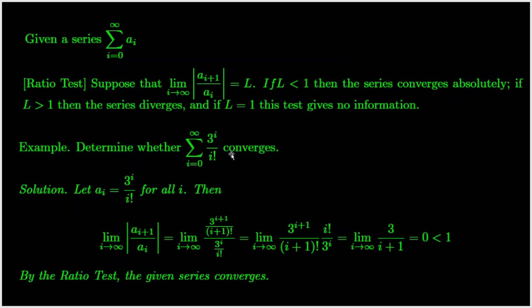So that's why this series is convergent. Again, you do not know what number the series converges to. It just tells you the series converges to some number. Actually, in this particular case, the series converges to e to the power of 3. I think we have seen that. So we're just trying to prove it.